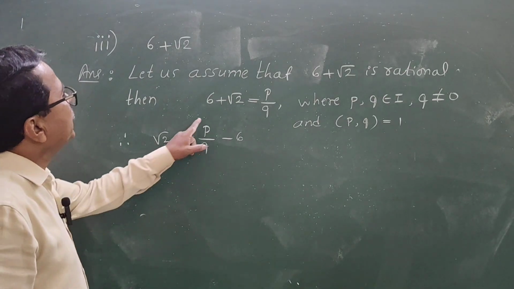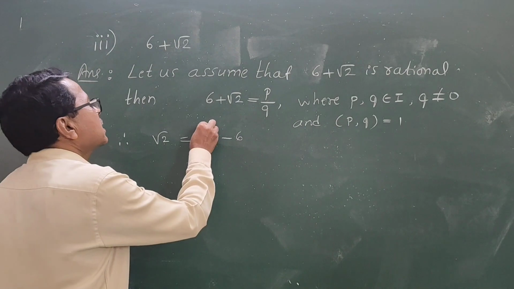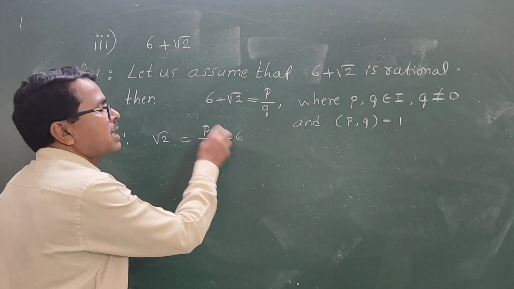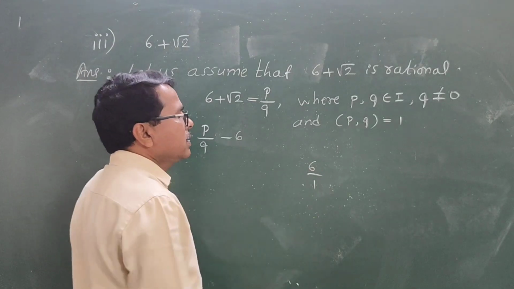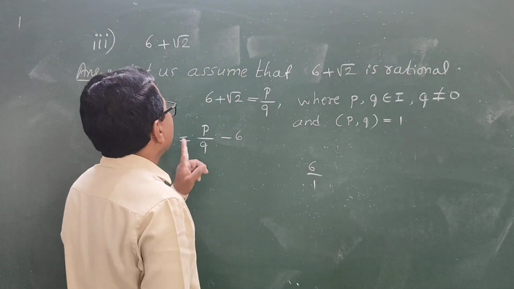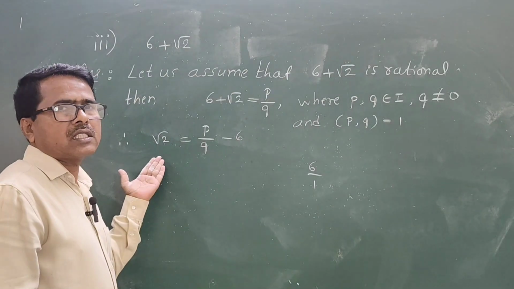Now p is integer, q is integer, means p by q is a rational number. Rational number minus rational. 6 is also rational, because 6 can be written as 6 by 1. It is also in the form of p by q. Rational minus rational is rational, whereas this side is irrational.